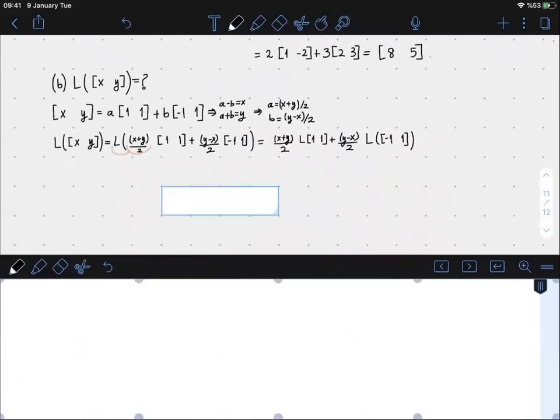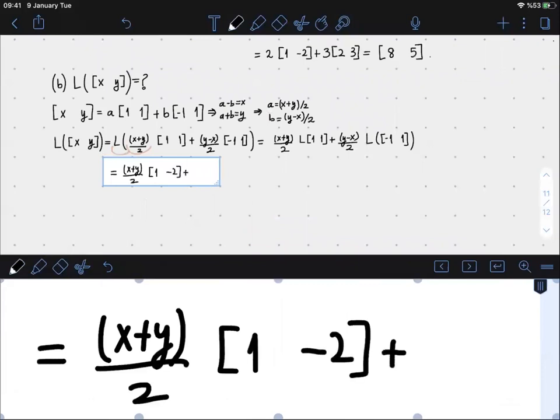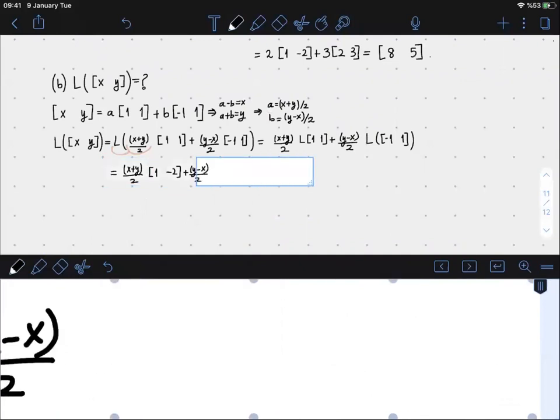Let's write it here. What was L(1,1)? If you remember, it was the vector (1, -2), plus the second guy, (y - x)/2 times L(-1,1). What is L(-1,1)? It looks like it is (2, 3). I will check these things. So what is the final result?